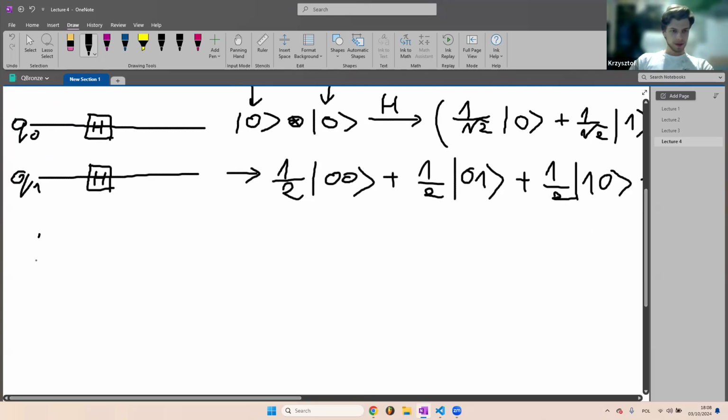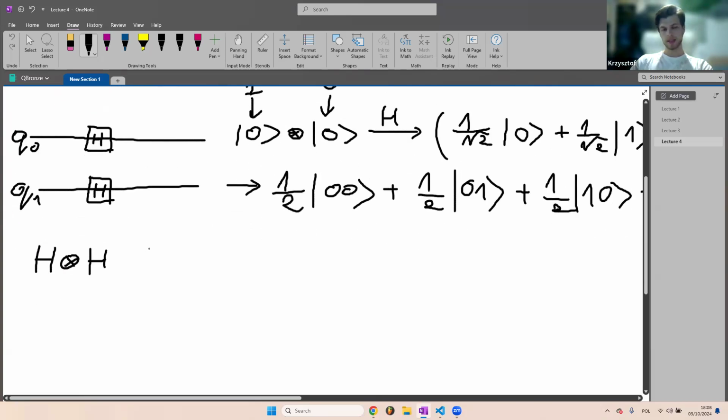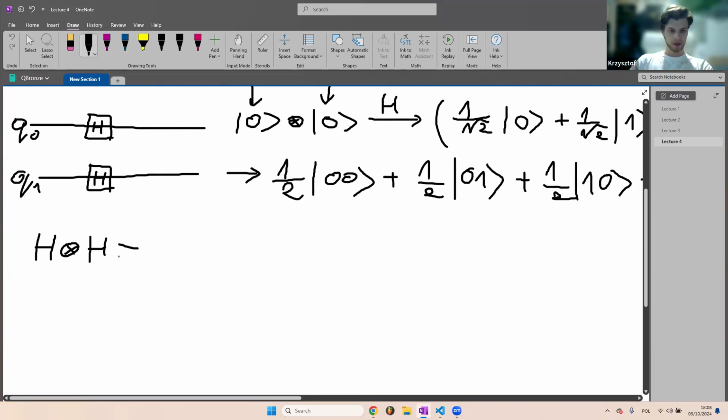Now let's think of how to write the two Hadamards in the matrix representation. The Hadamard, as you may recall, is 1 over square root of 2, 1 over square root of 2, 1 over square root of 2, minus 1 over square root of 2.